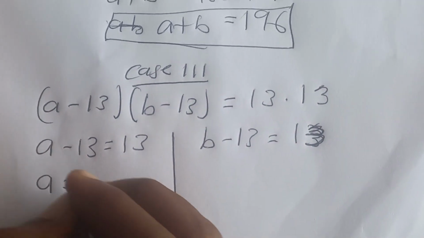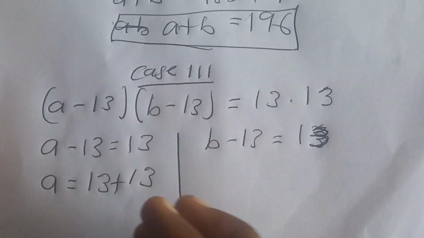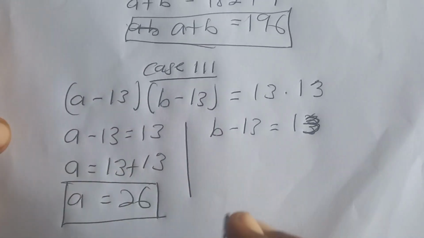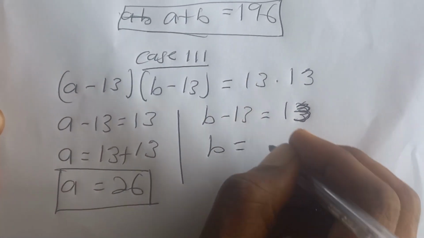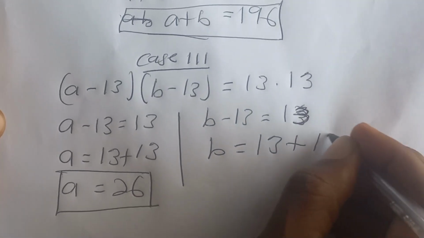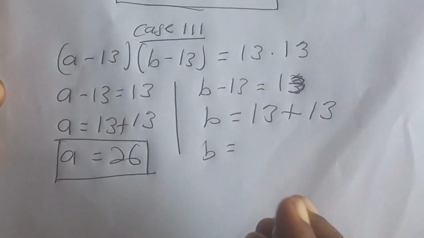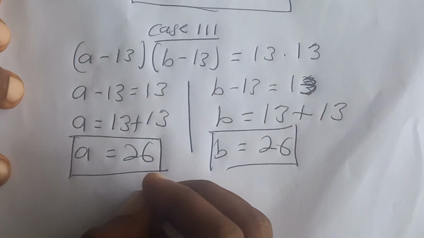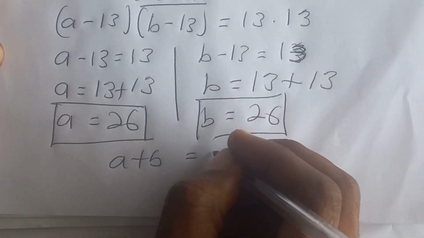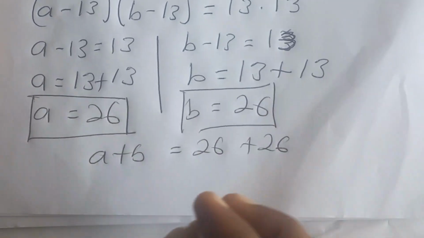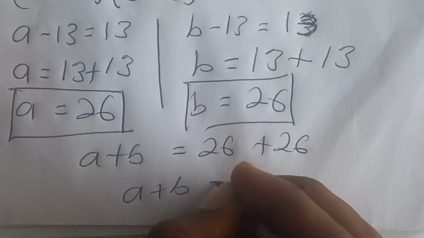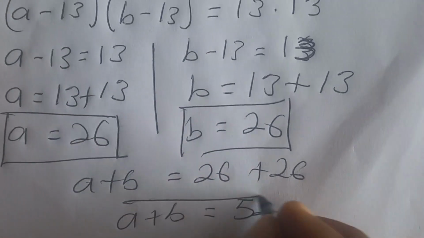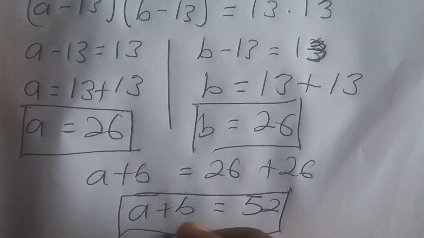So our A is equal to 13 plus 13, which is 26 in this case, and B is equal to 13 plus 13, so B is 26. So our A plus B is equal to 26 plus 26, which is 52. This is our answer for case 3.